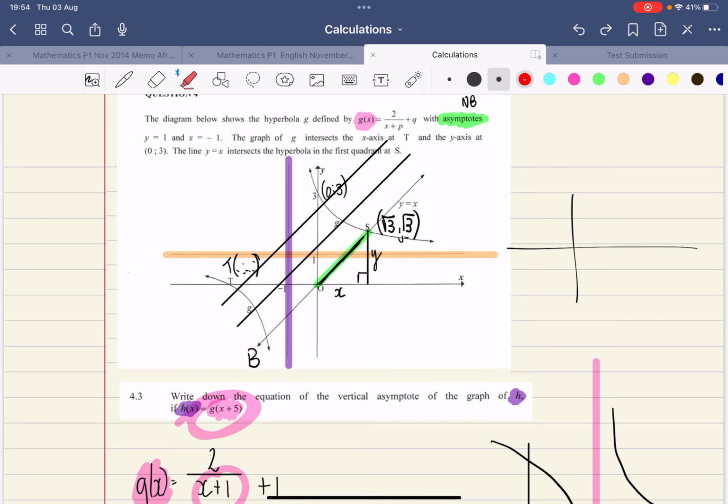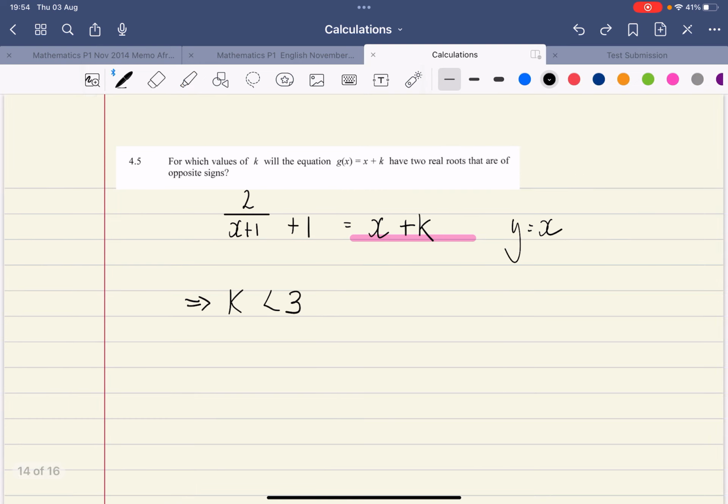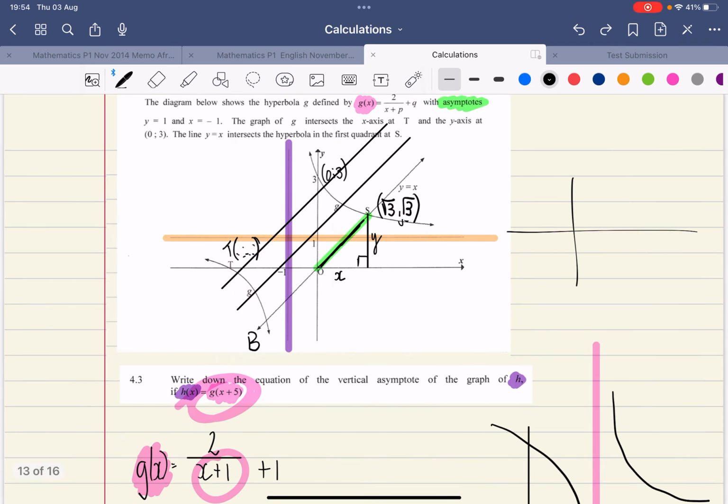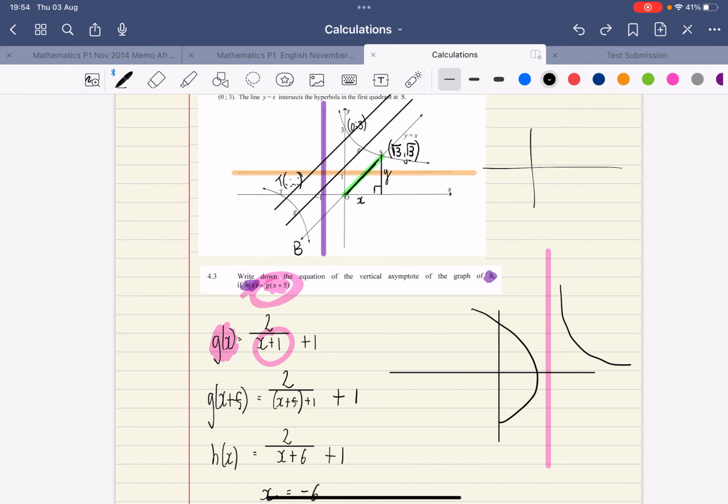So we can just look, how does this function move for values of k, which translate the graph up or down in a linear graph. Up, down, doesn't matter. For what values of k does this function equal this function at two intersections and are of opposite signs, where the sign has to do with the x-axis, because that is what roots are. They are points of intersection on the x-axis. And that is the problem solved.